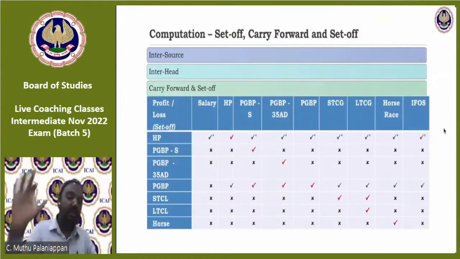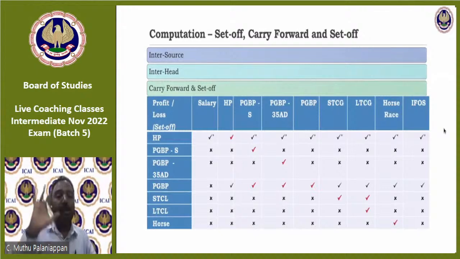If you want me to summarize this in one single table, this is a table which will tell you where your heads of income, how it can be classified. For example, when you talk about set off, profit from salary, of course, there will be no loss from salary. So profit from salary, what happens? It can be your house property loss. If you see, your house property loss can be adjusted with all heads of income.